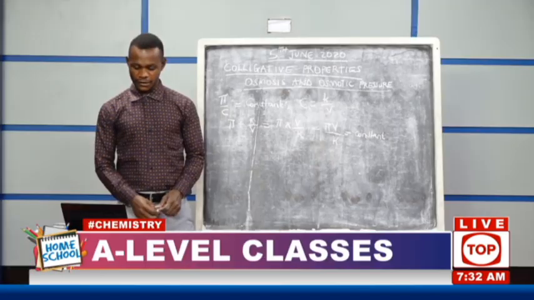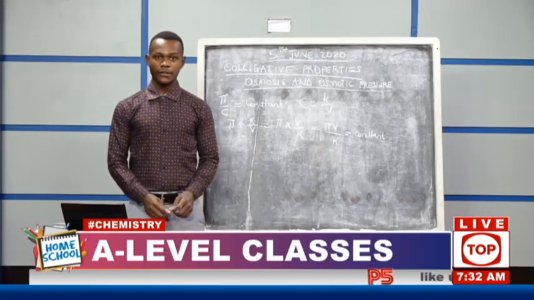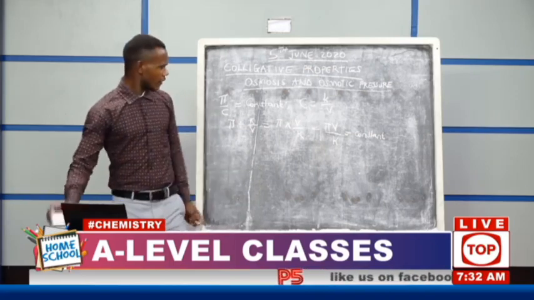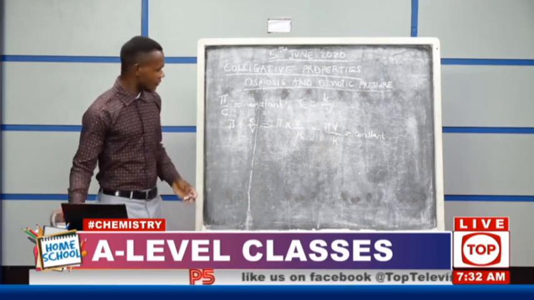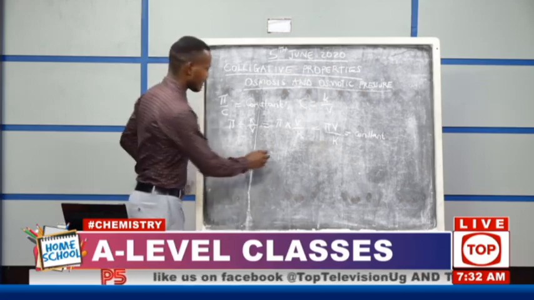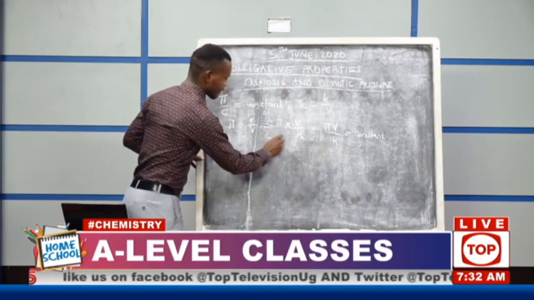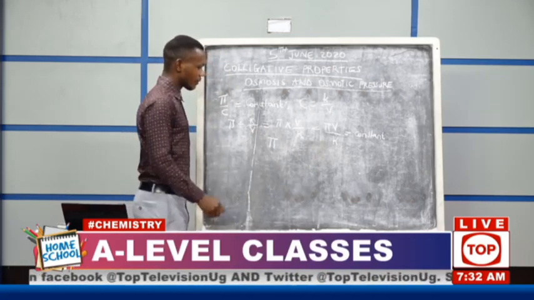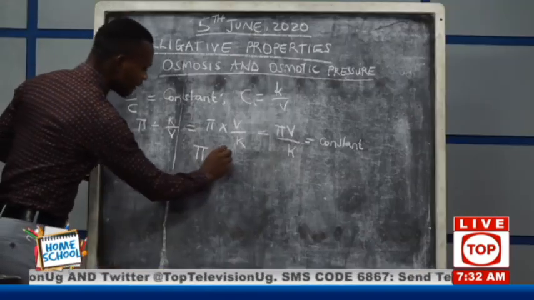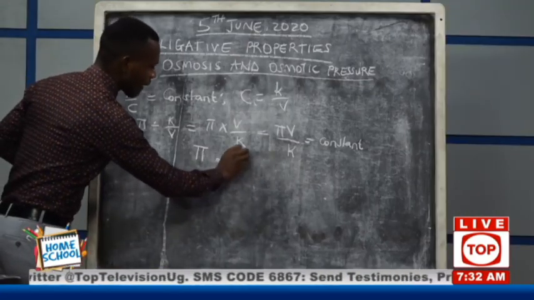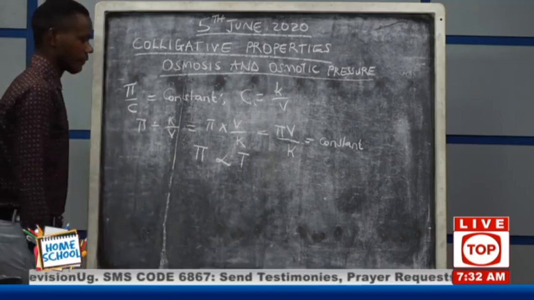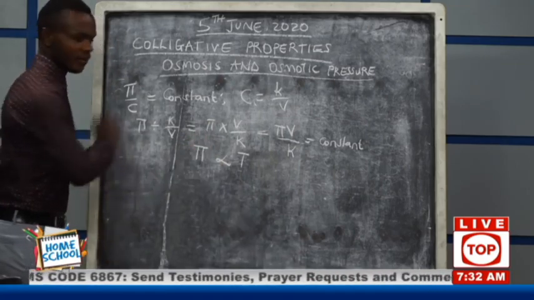Since you are ready for learning and understanding, you have understood that one very well. I want to dot that one down. We have said pi stands for osmotic pressure, and is directly proportional to absolute temperature. Okay? This is the proportionality sign.